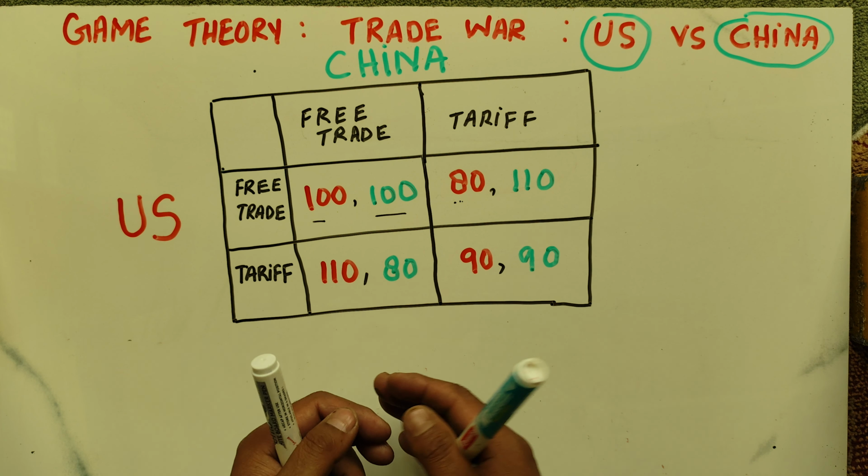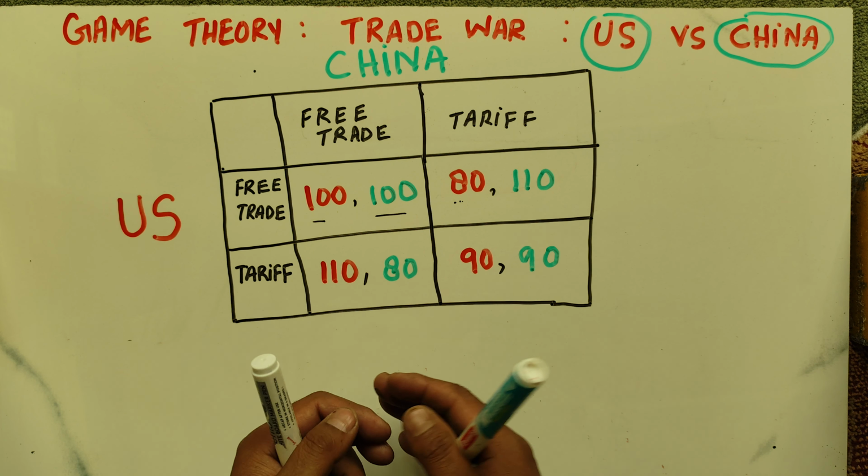Let's take the first column, and the first cell. In the first cell, what happens? US opts for free trade, China opts for free trade, and both get a payoff of 100 and 100.